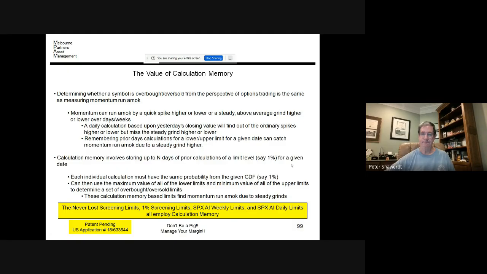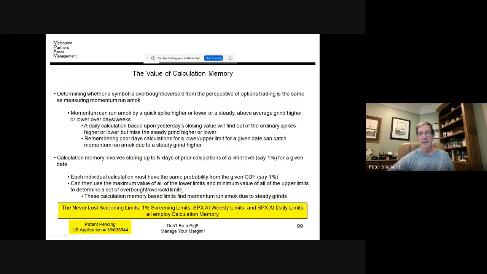The lower limit is the maximum of all of the 1% minimums for that symbol. The upper limit is the minimum of all of the maximum calculations for that symbol. So the max value of all the lower limits and the min value of all the upper limits set the overbought and oversold levels.